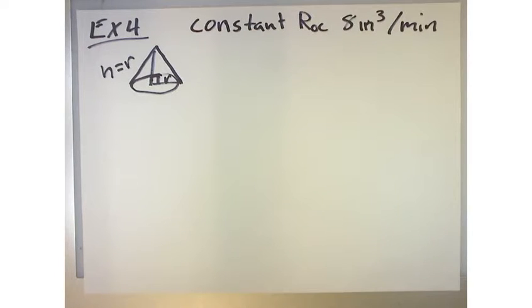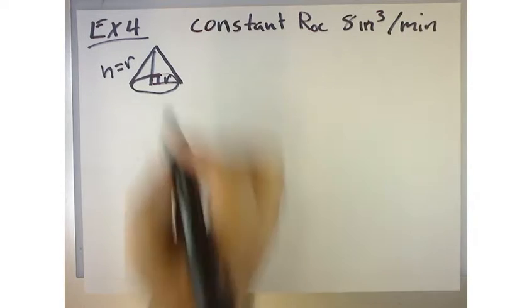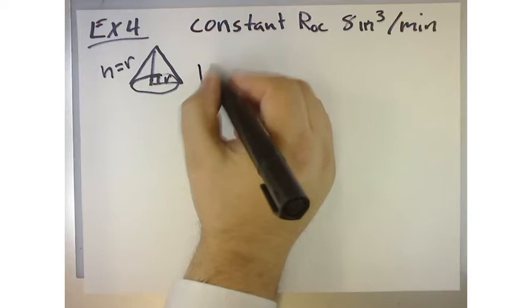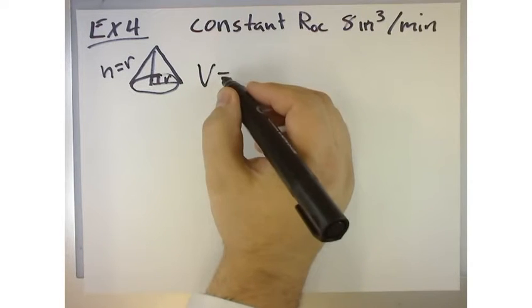And as the height of the pile increases, so does the radius. And the question is, if the cone is 1 foot tall now, how tall will it be in 1 hour? So the solution to this, first thing we have to do is start off with the volume of the cone. When it's a cone, it's a little different.